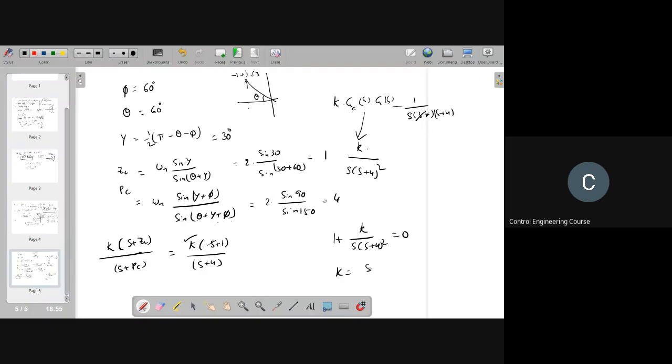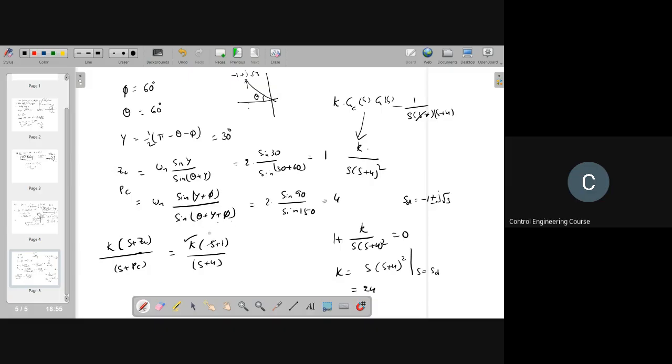So you can calculate K as the magnitude of S into S plus 4 whole square at S equal to the desired location SD, where SD is minus 1 plus or minus j root 3. We already calculated this one. So if we substitute that here, then you will get K is equal to 24.